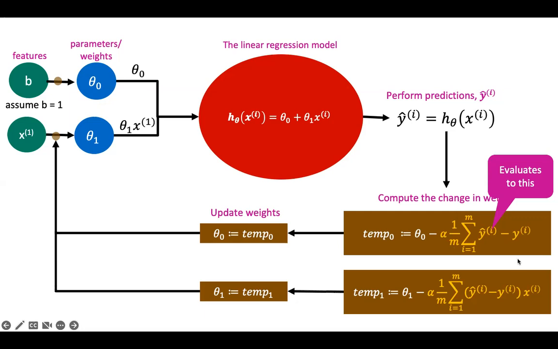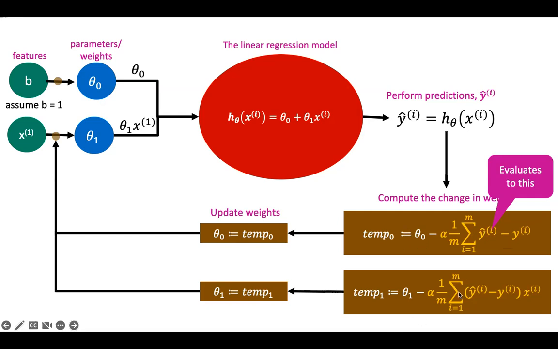So the partial derivative of the cost function with respect to theta is equivalent to 1 over m times the sum of the differences between the actual and the predicted. This is for theta 1, and this is for the bias, theta 0.